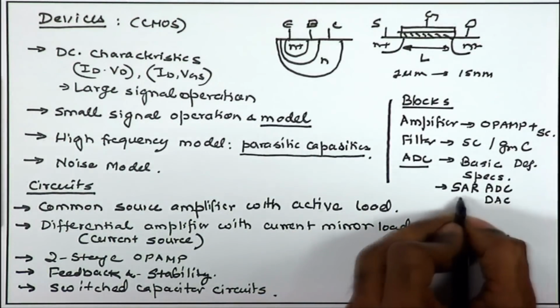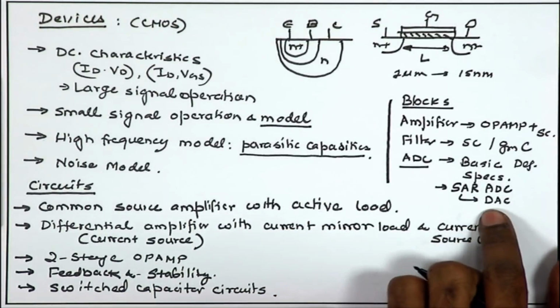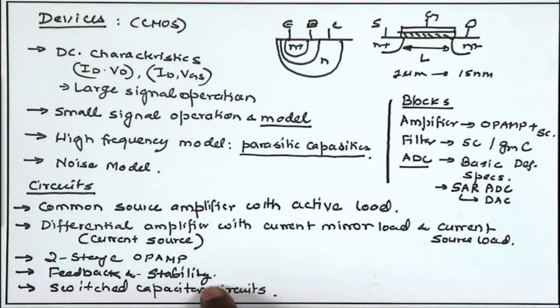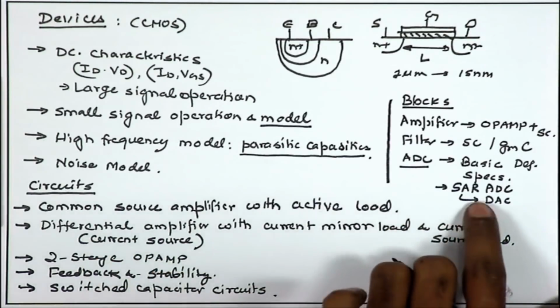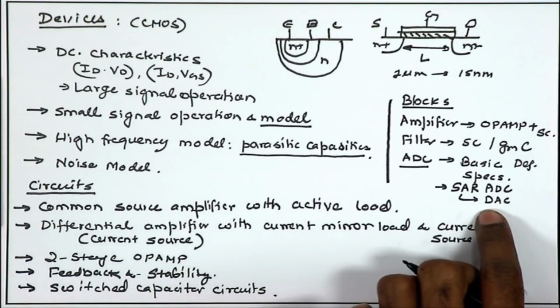So, that is a good point, because we can also very briefly have a discussion on the DAC part. Possibly whatever we discuss in the switched capacitor circuits and to some extent in the earlier sections on differential amplifiers and op-amps, that is again going to be very useful while talking about the SAR ADC.